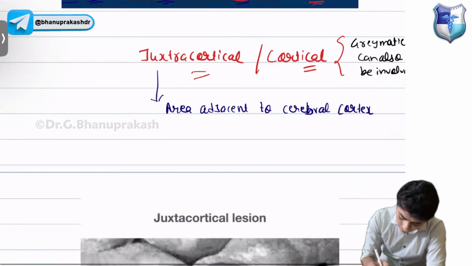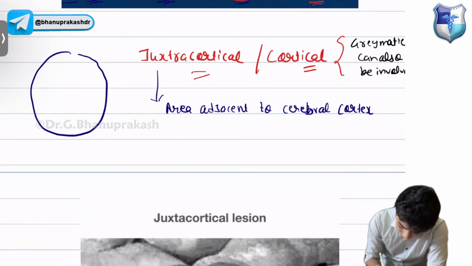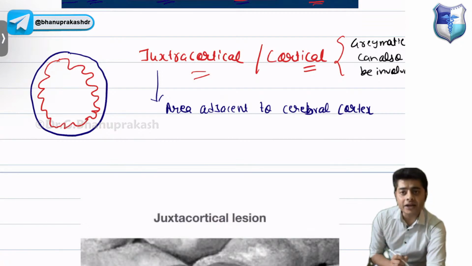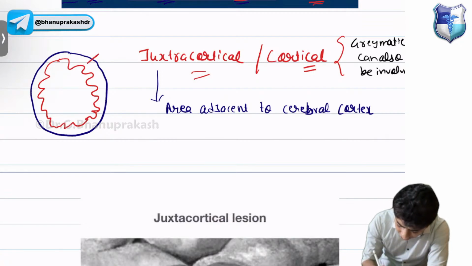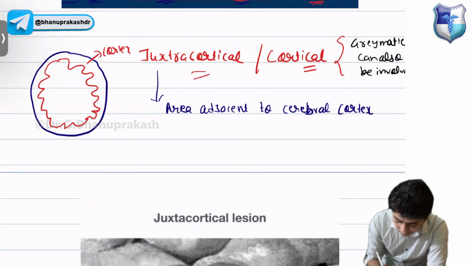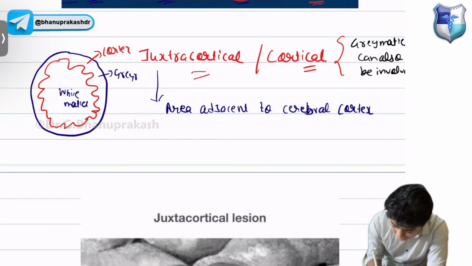Now see, if this is your brain and this is your cerebral cortex. Are you seeing this? This is your cortex. Now inside will be white matter, and this is your gray matter, that is your cerebral cortex.